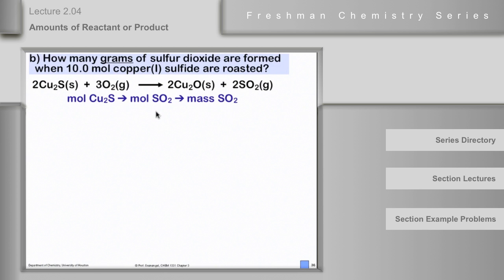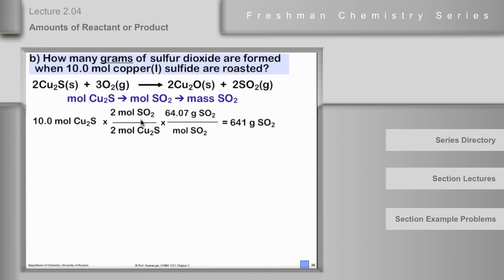Okay? So we're going to do a mole of Cu2S to mole of SO2, and then we're going to do a mole to mass conversion on the end. Here's what it looks like. 10 moles of Cu2S times a mole over mole conversion here.